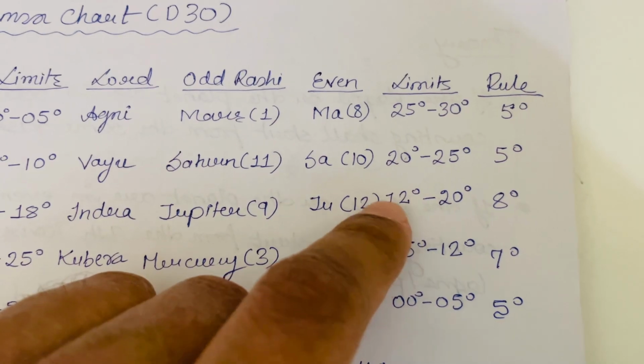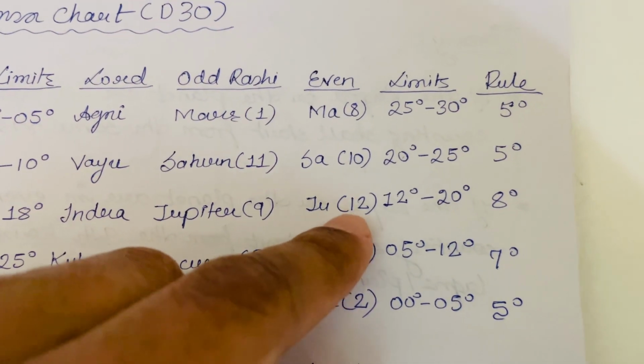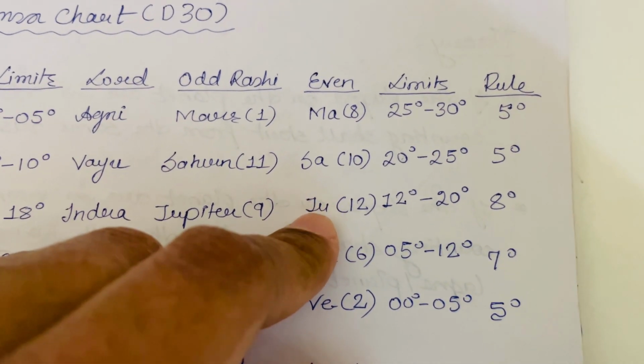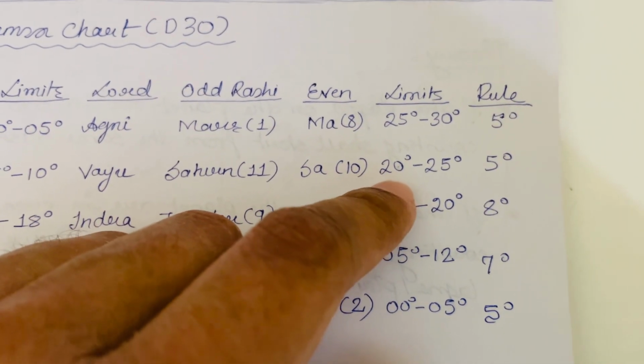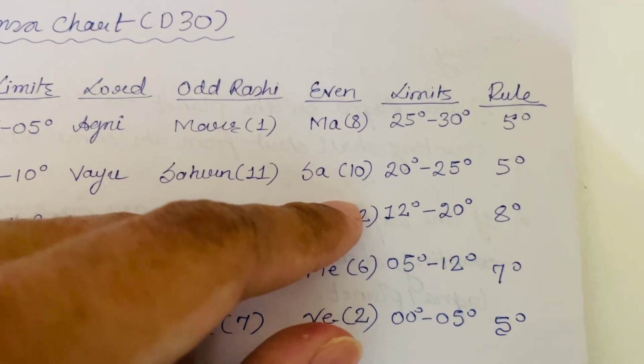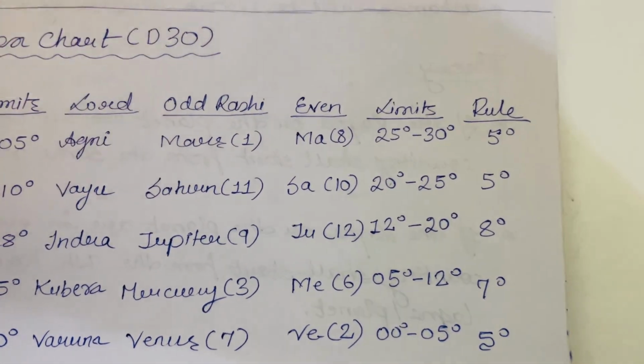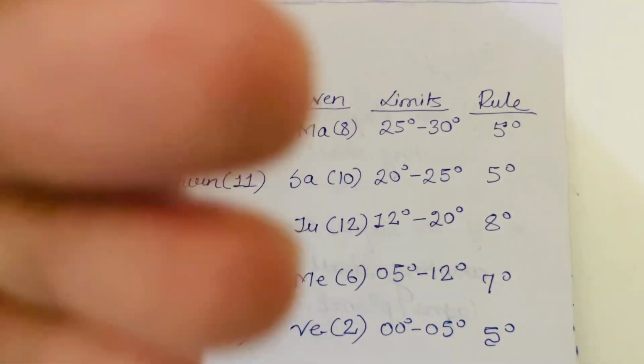If the limit is from 12 degrees to 20 degrees, it will be ruled by Pisces. The lordship is Jupiter. If it is from 20 degrees to 25 degrees, the sign ruling that limit is Capricorn, and the lordship is Saturn.